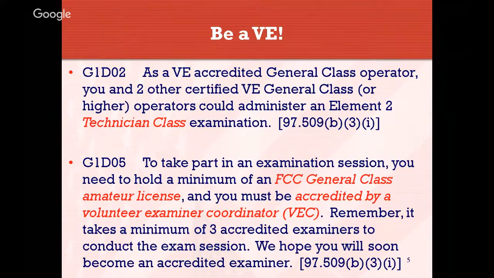I am accredited by both of them, and I do hold an extra class license, so I can help administer the exams for all three license classes, Element 2, 3, and 4. So, you have to have at least 3 accredited examiners to conduct an exam session. So perhaps you might want to consider becoming a VE.